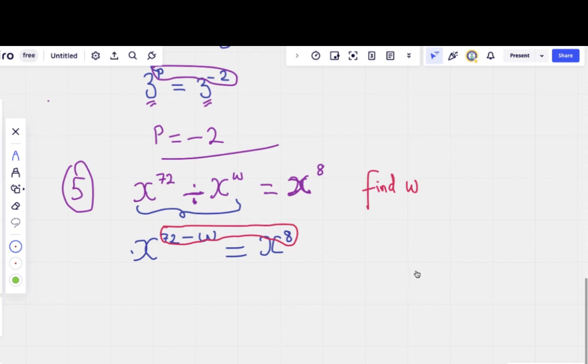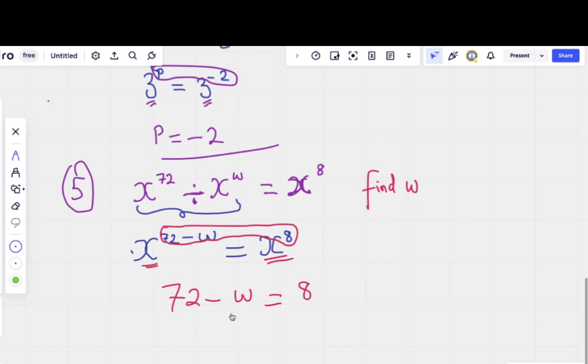Okay, maybe I should have illustrated that. Find w. So you can see now this base x is the same as this base. So we equate the power. We have 72 minus w equal to 8. So I will move w to the right, move 8 to the left.